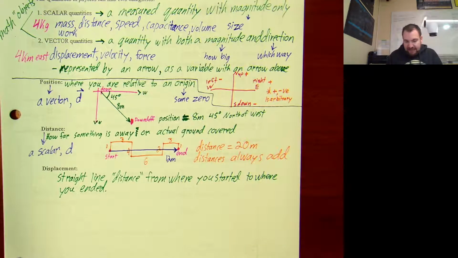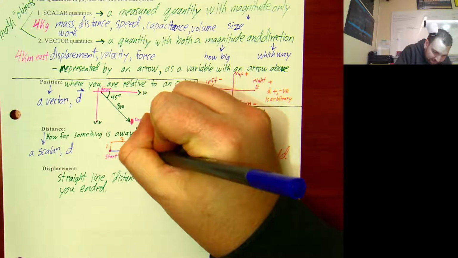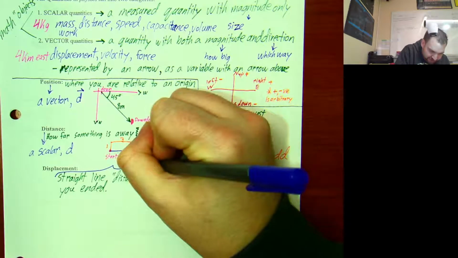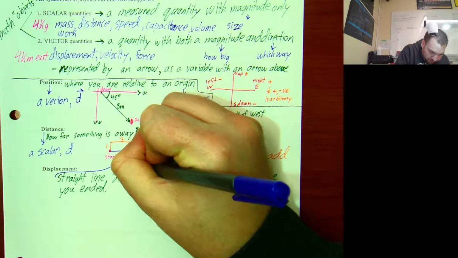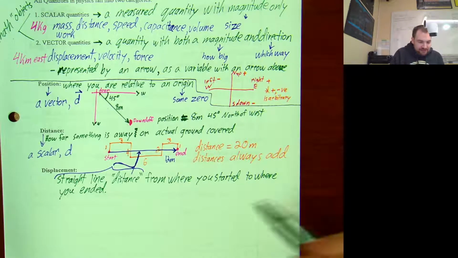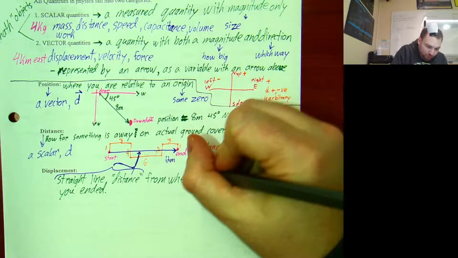This is where we ended it here. When I say the straight line, I should actually have gone like that. There it is. So in this case, the distance is 20 meters. The distance is always positive. And I'll write it right down here.